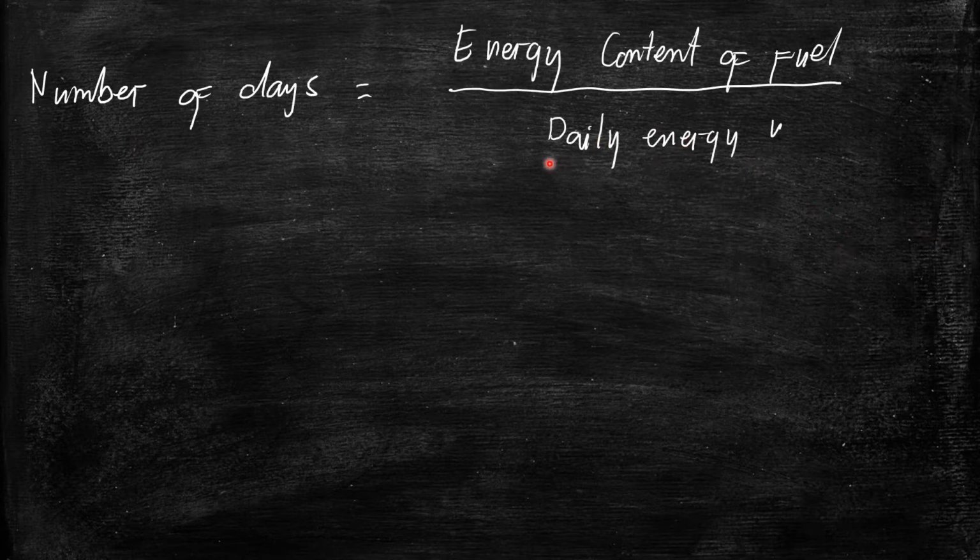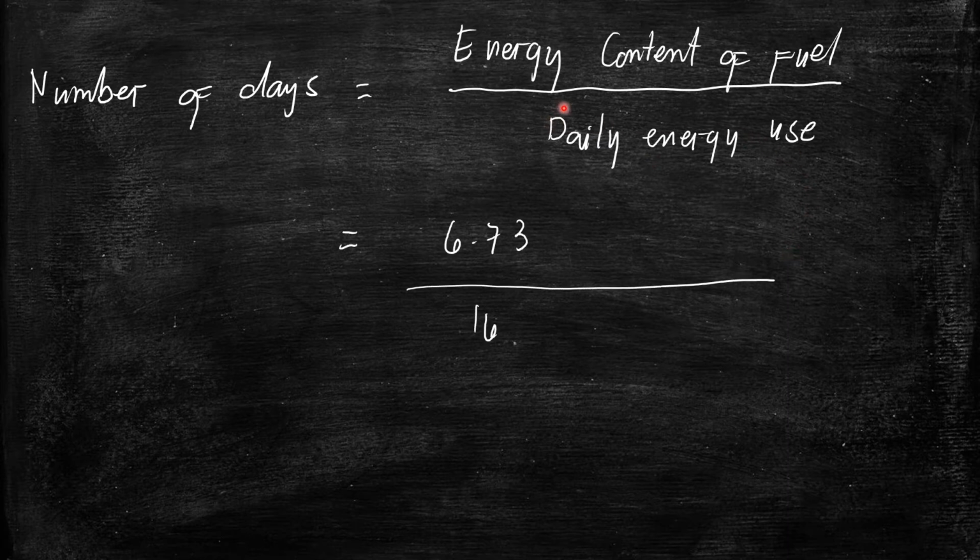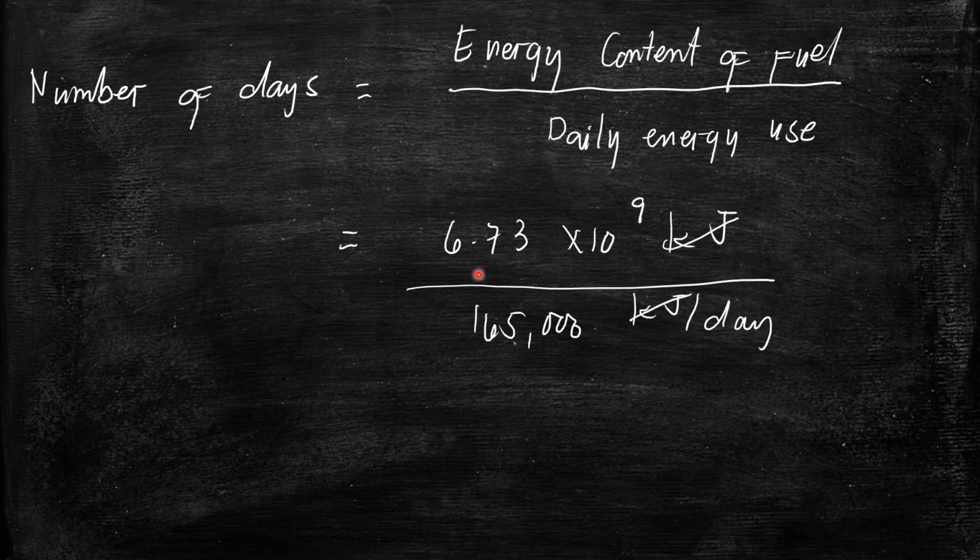To determine the number of days that is sufficient to meet the energy needs of the car, the number of days is equal to the energy content of fuel over daily energy used. Since we calculated earlier the energy content of fuel, 6.73 times 10 to the 9 kilojoule, and the energy flow rate, that is the daily energy use, 165,000 kilojoule per day, we cancel the kilojoules.